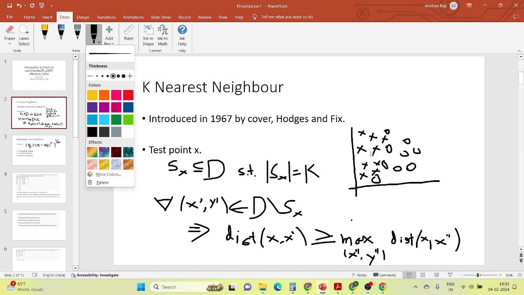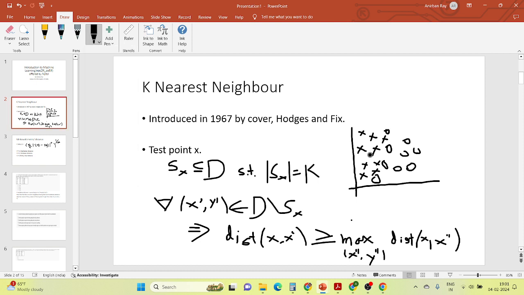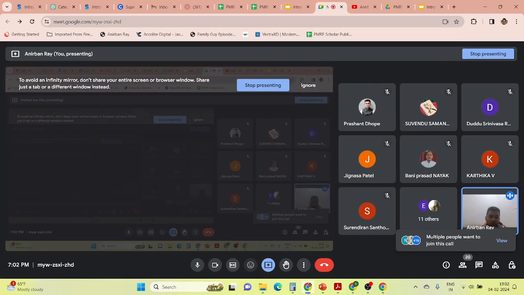Suppose we are given a new point, suppose here, and you are asked whether this is a cancer case or a non-cancer case. Is it a cross or is it a zero? So how are you going to answer it?